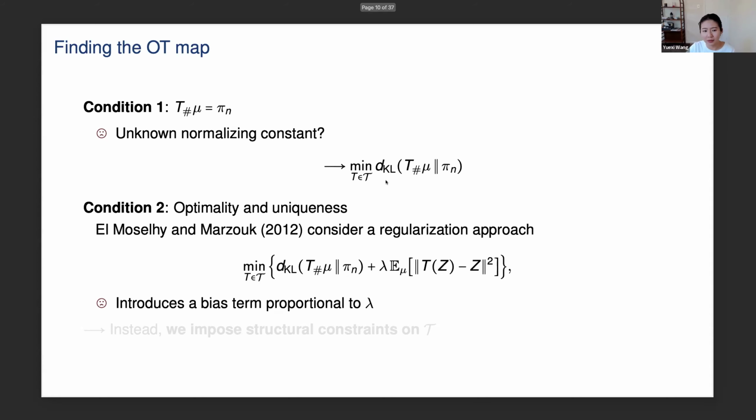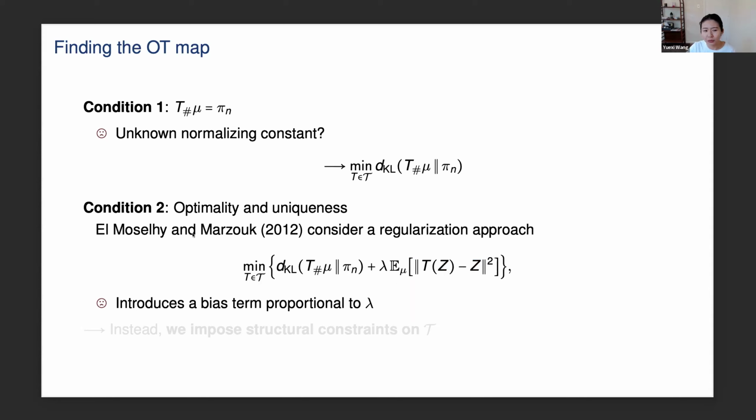So the second condition is I require it to be the OT map defined in the Monge problem. Among all the maps satisfying condition one, it has to be the map that minimizes the L2 distance between Z and TZ. So the most straightforward solution is: why not just add this L2 loss as a regularization term?